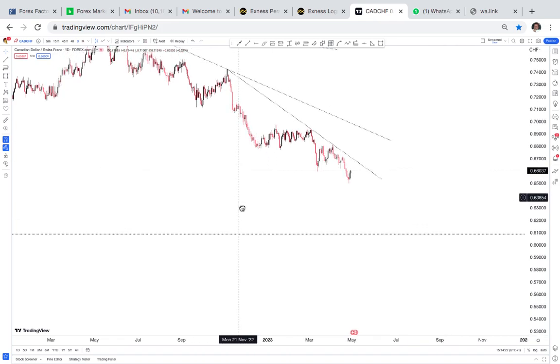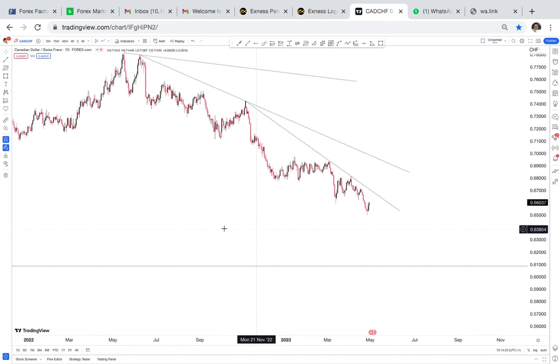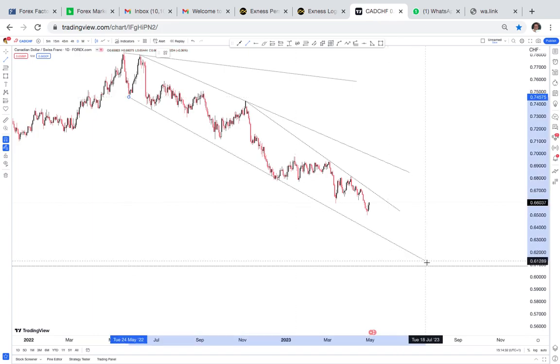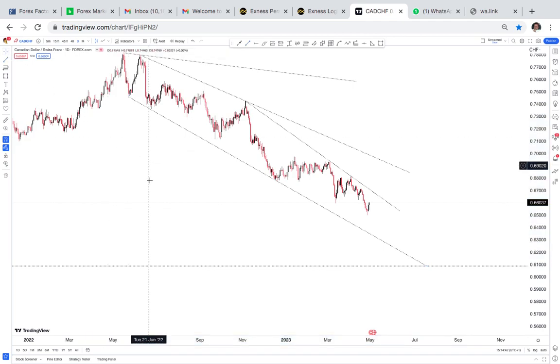I have one here. I think it's expecting this one. It's expecting this one. This is just on daily.